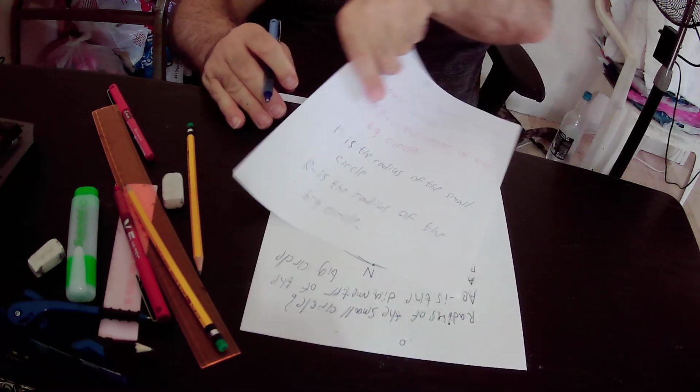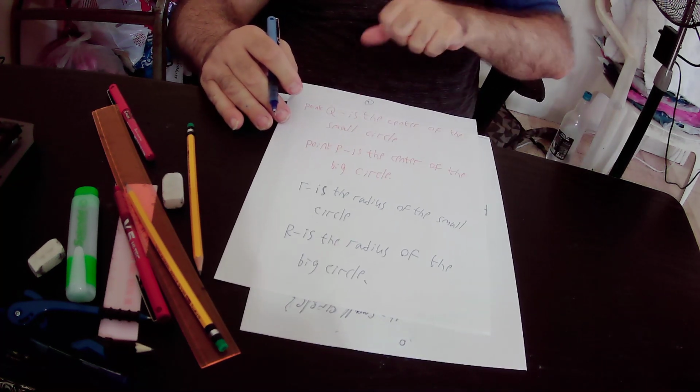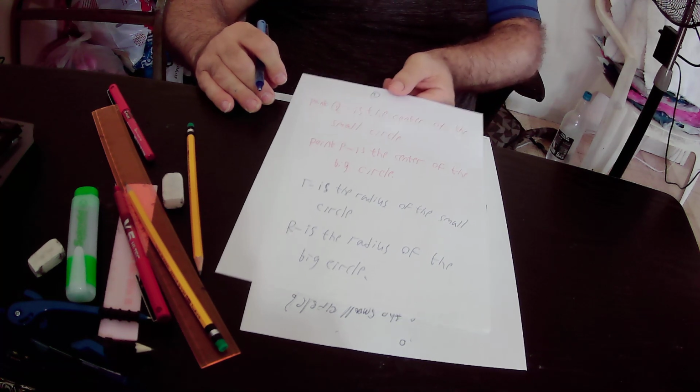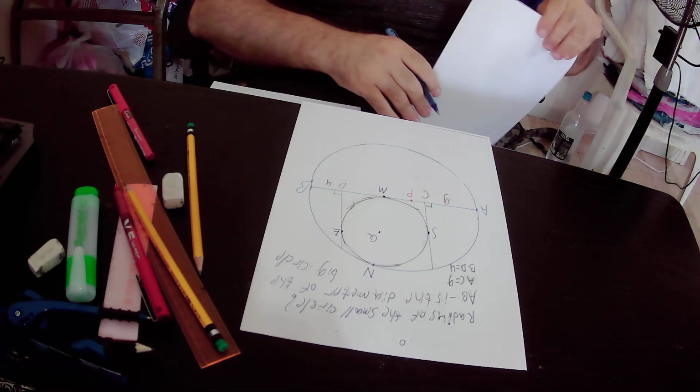Again, small r is the radius of the small circle, while capital R is the radius of the big circle. Okay?